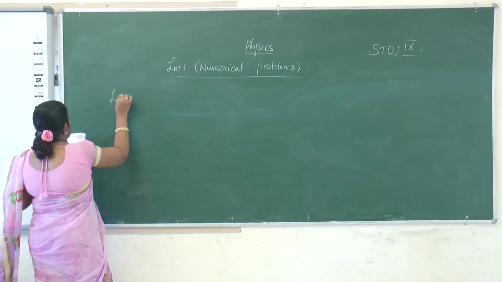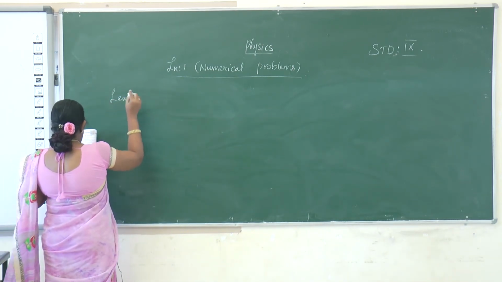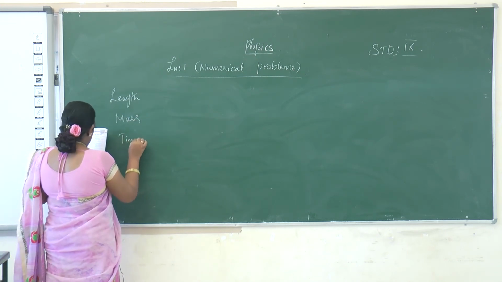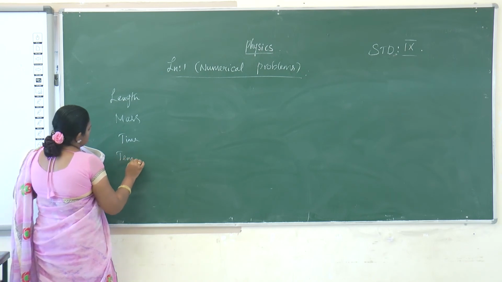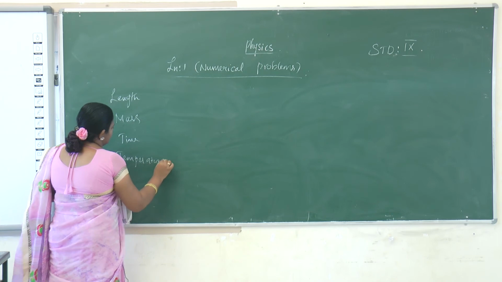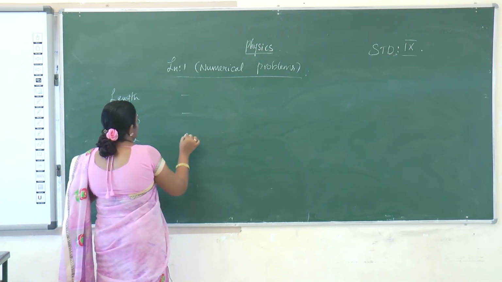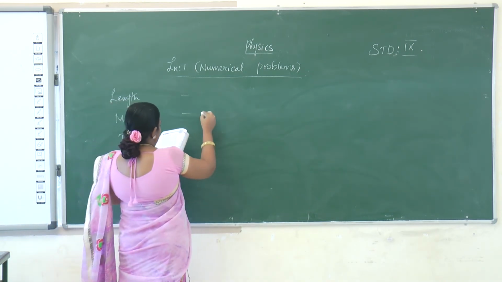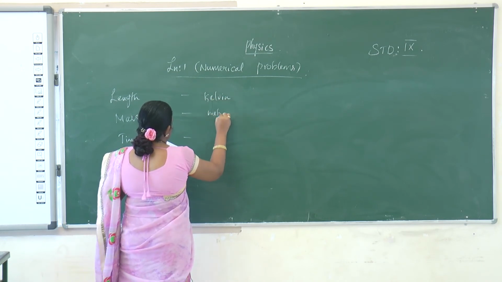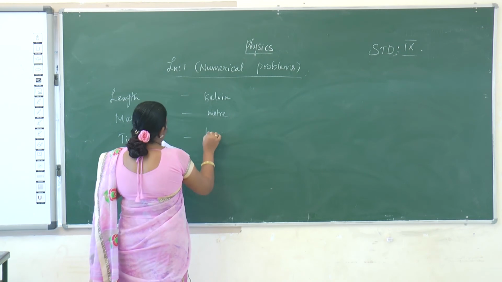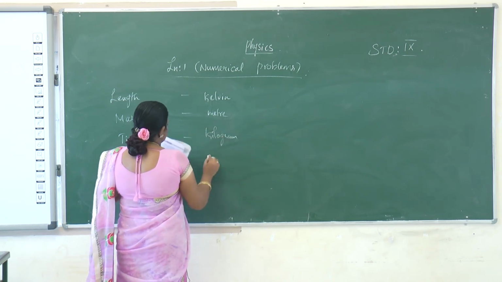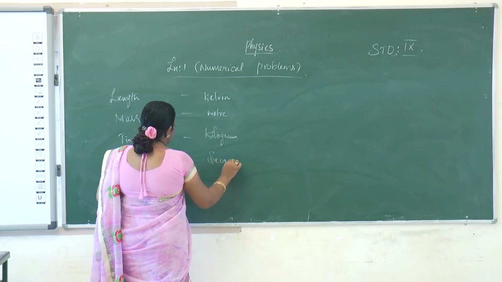First one: on the left hand side, length, mass, time and temperature. On the right hand side, Kelvin, meter, kilogram and second. This is the first match.